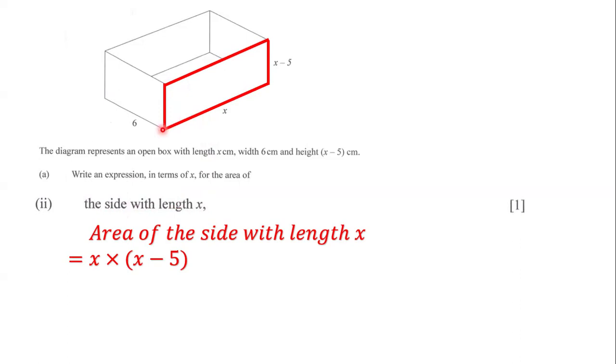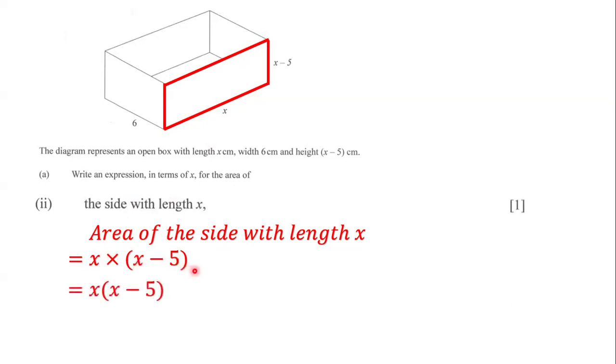And so we have to multiply the sides. So we multiply this x with x minus 5 because we have to multiply the sides. So the area of the side with length x is going to be equal to x times x minus 5.